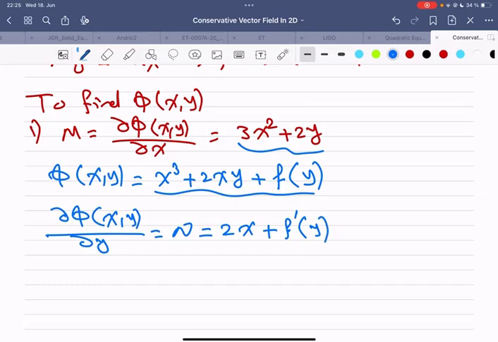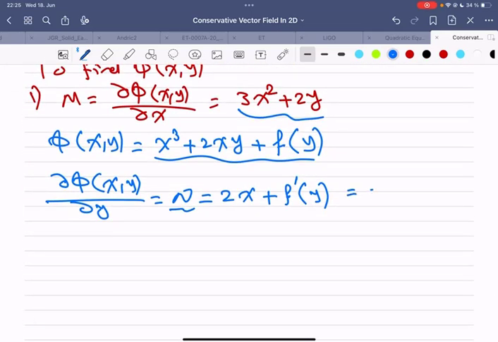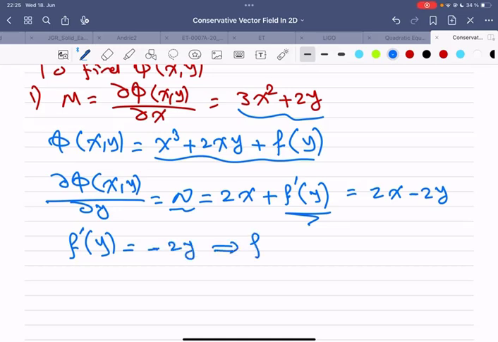If you compare n here with n here, which is 2x minus 2y, you will find that f dash y is equal to minus 2y, so f y will equal minus y squared plus c, or you can consider c equals 0.